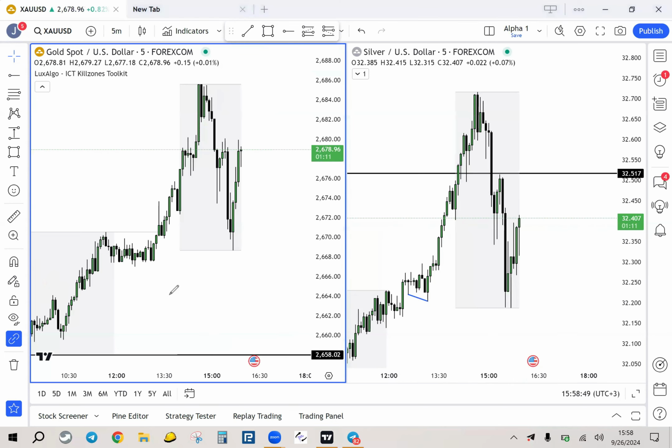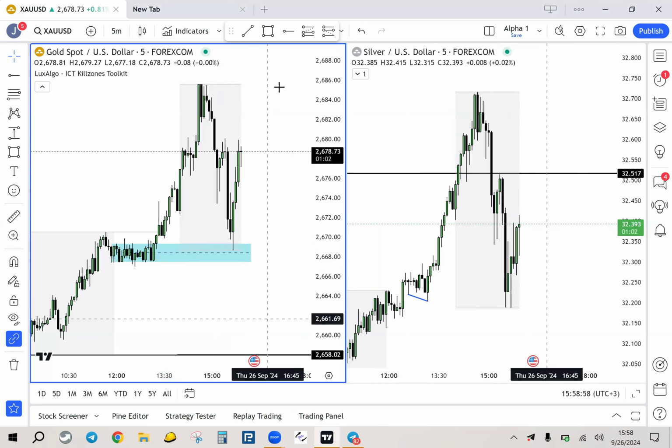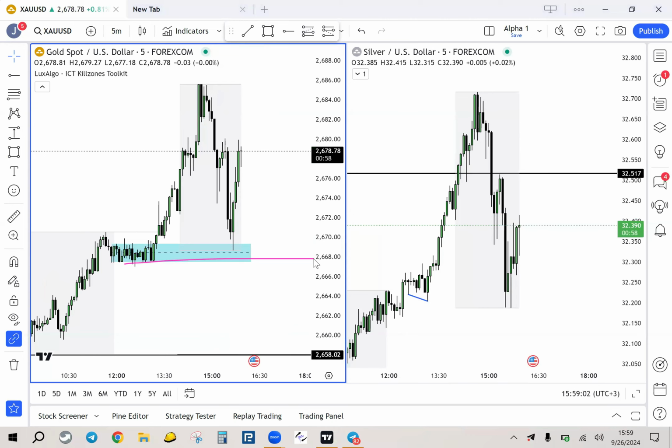The one I'm seeing right now was this thing over here, and you can see how it reacted once it reached around that area. And as I said, it doesn't have to come under that level.